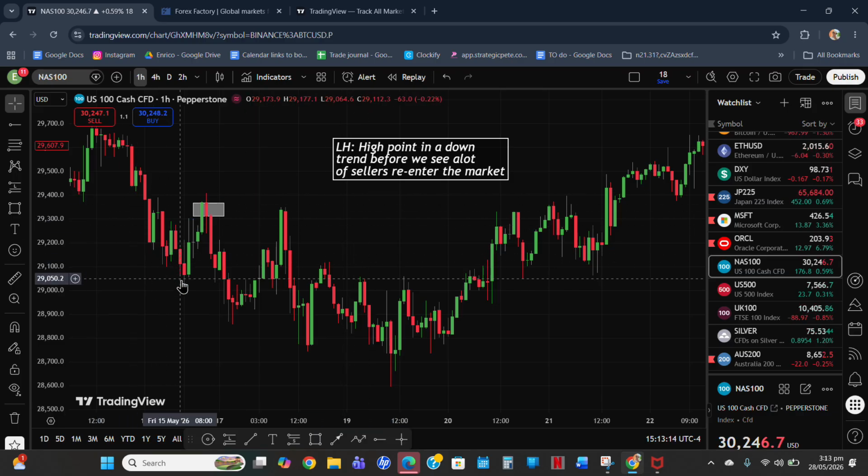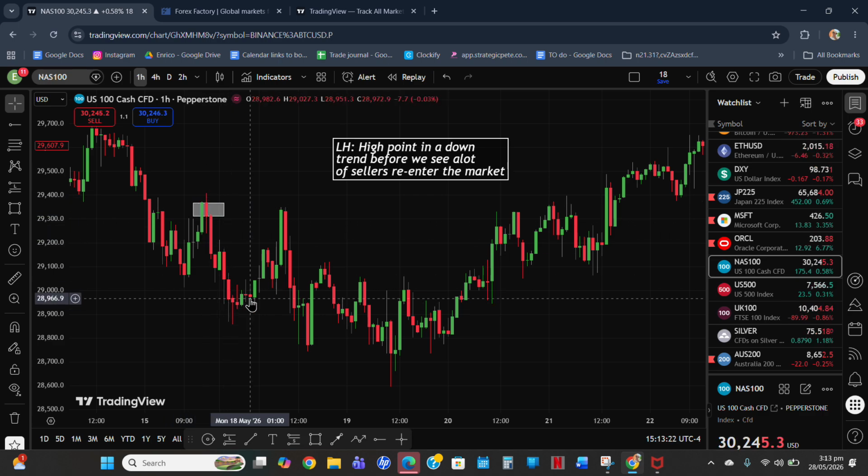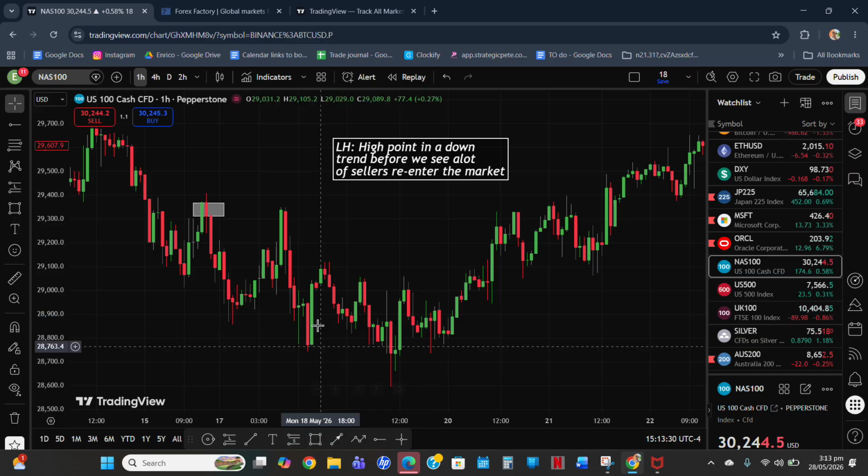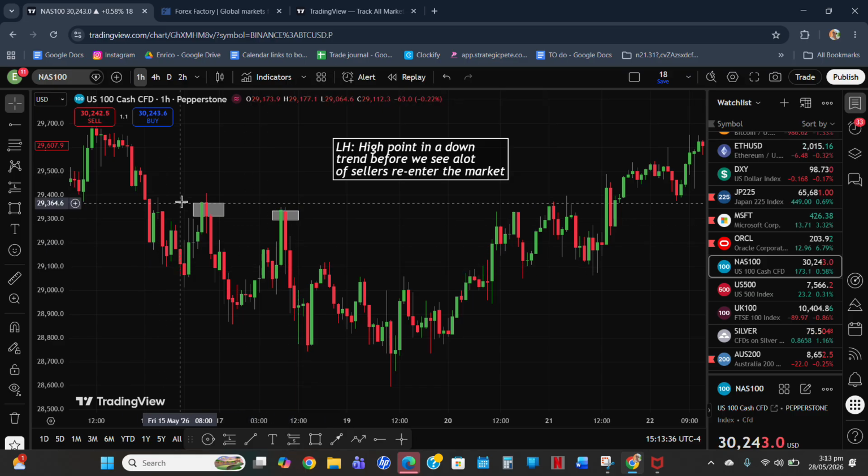So you can see this is one here. We came down, we pushed up, and then sellers re-enter the market. A lot of sellers enter the market actually, push us all the way down, right? So this was the highest price went before sellers re-enter the market, pushing us down.